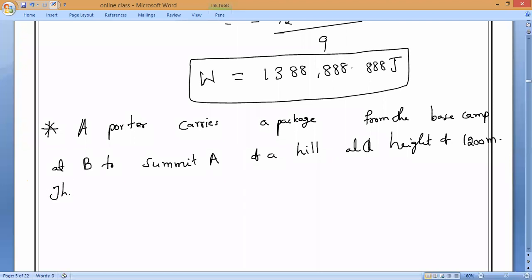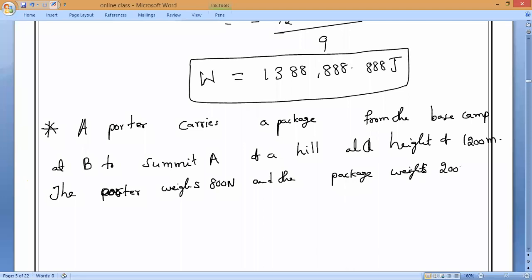The porter weighs 800 Newton and the package weighs 200 Newton.